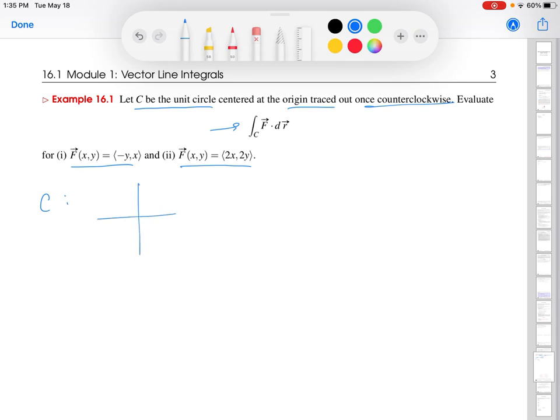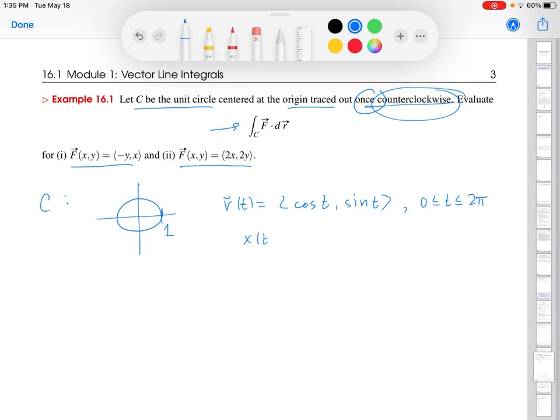So C is a unit circle centered at the origin, and we've parameterized this a few times now. We can write r of t as cosine of t and sine of t. It's traced out counterclockwise and only once, so that tells us that t goes between 0 and 2 pi.